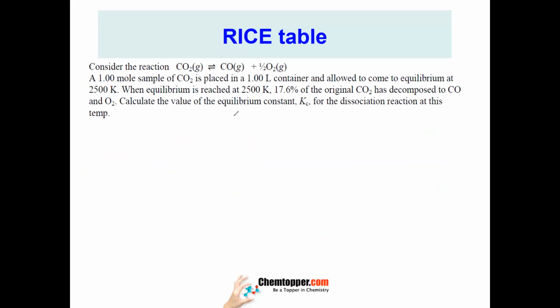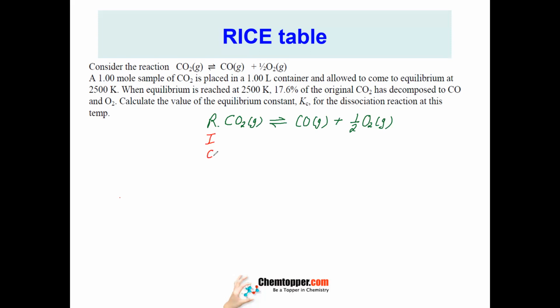So let's write down the reaction. CO2, gas. By the time I'm writing the reaction, keep reading the question. We have to do plenty of work in very less time. We are not going to waste even a single minute. So this is the reaction.